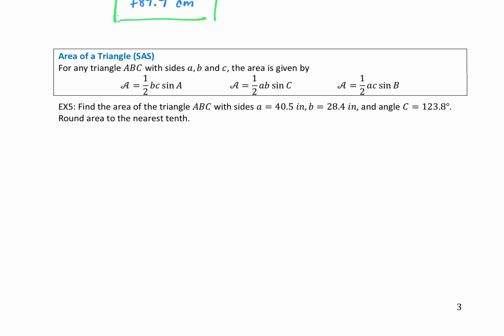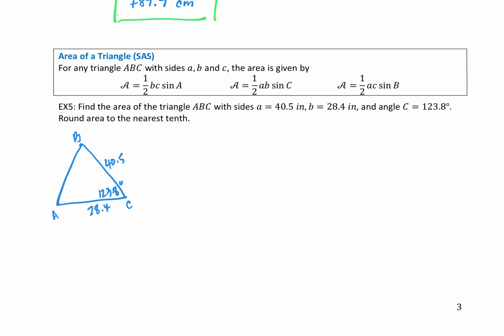So let me just draw a generic triangle. It's not going to really need a scale. Notice that with C I have 123.8 degrees. So I have angle C. Side opposite B would be the 28.4. Side opposite A would be the 40.5.